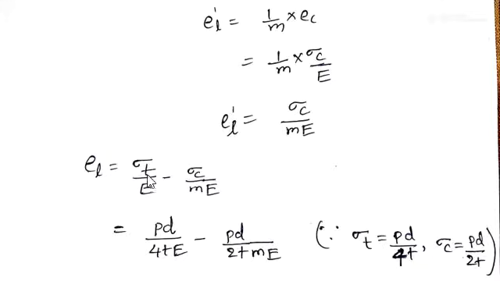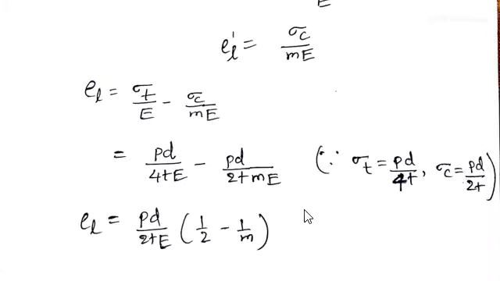So here we know the sigma t formula. Longitudinal stress is given by the formula PD by 4T, and circumferential stress or hoop stress is given by the formula PD by 2T. If you substitute these two here, sigma t, PD by 4T by E, is there, minus sigma c, PD by 2T by mE, is there.